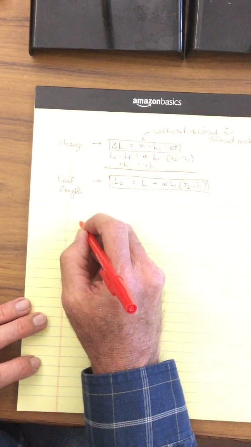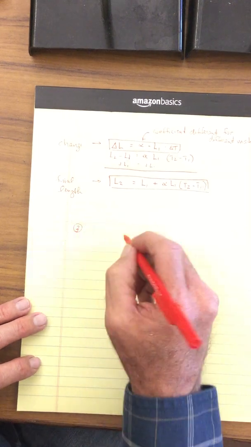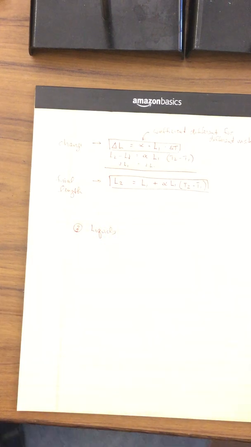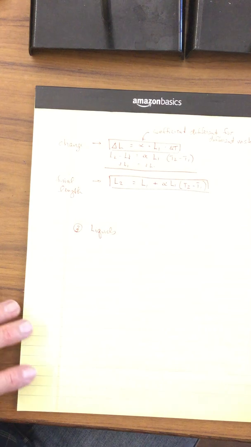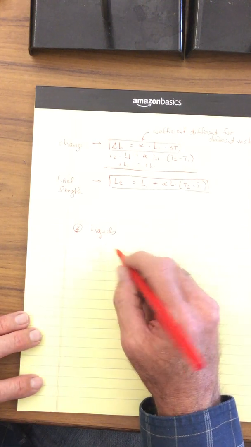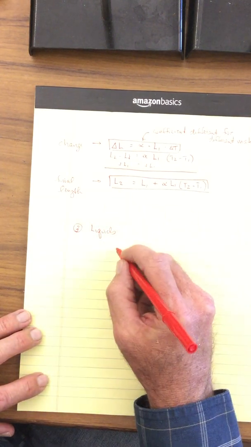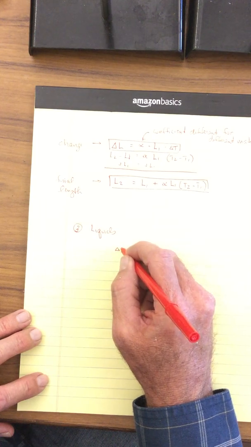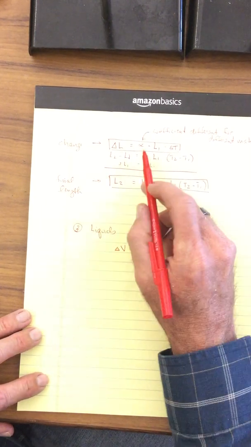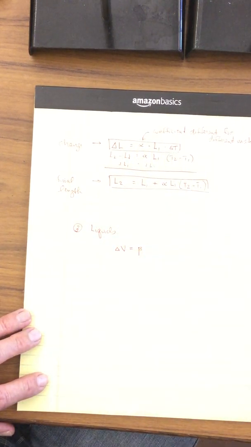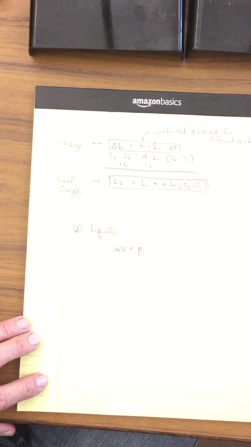Liquids are very similar. It's item number 3. Liquids. Liquids also expand as solids expand, as gases also expand. And we have a different formula, but with liquids, you're asking what's the change in volume, not the change in length. So your change in volume is going to be equal to, now liquids have different coefficients, so these coefficients are found with the Greek letter beta.